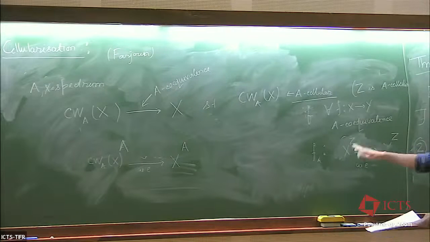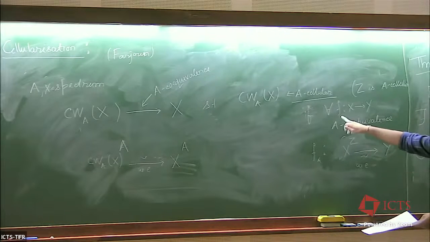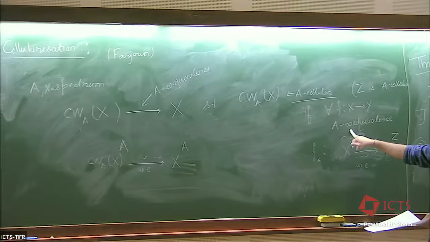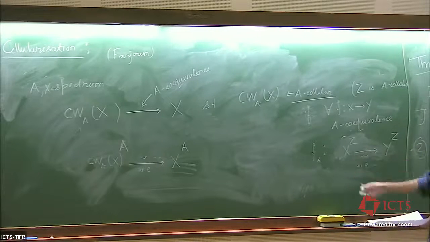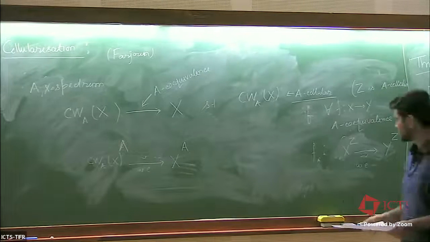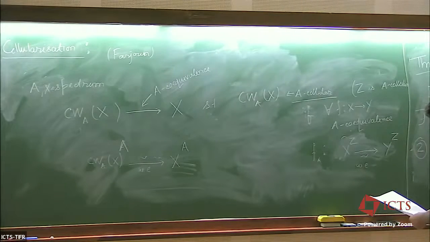So if you start with a coequivalence, then the map on the function spaces will give us a weak equivalence.